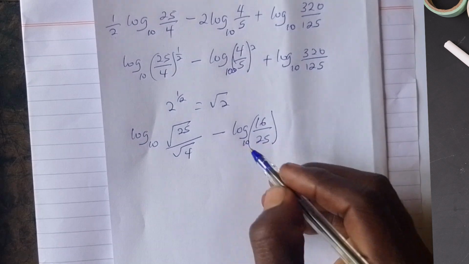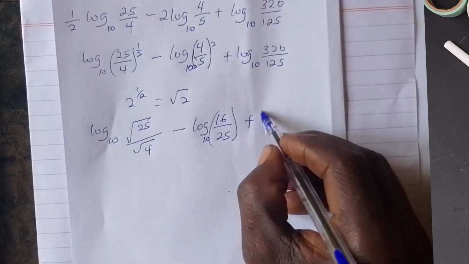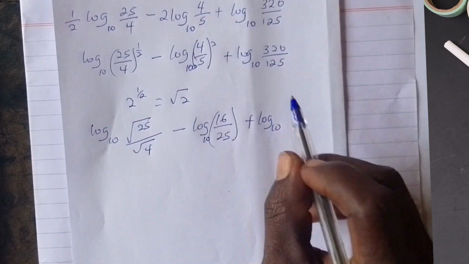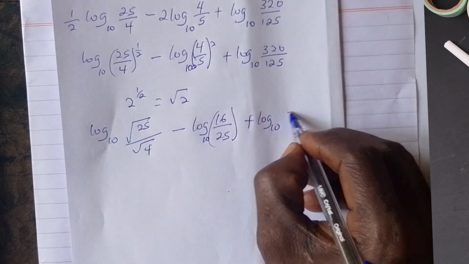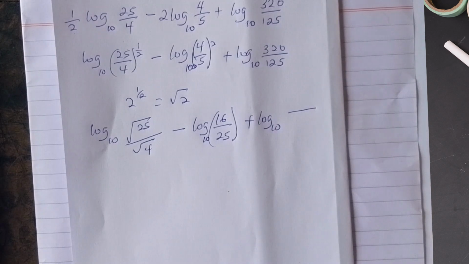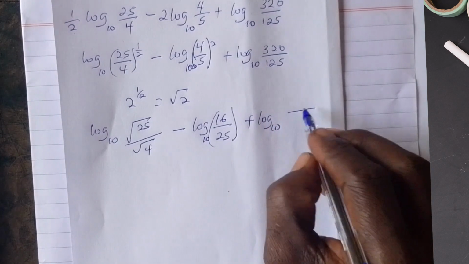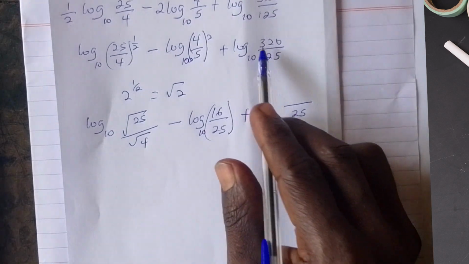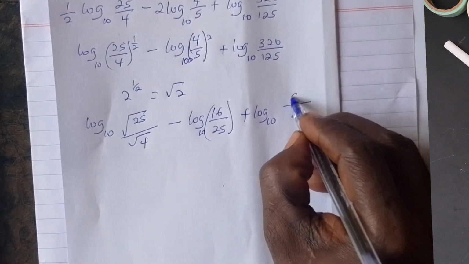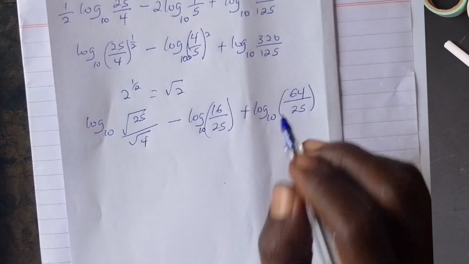all to the base of 10 plus, now you can break 320 down and the 125 down. 5 goes into 125 25 times, and 5 goes into 320 64 times, all to the base of 10.